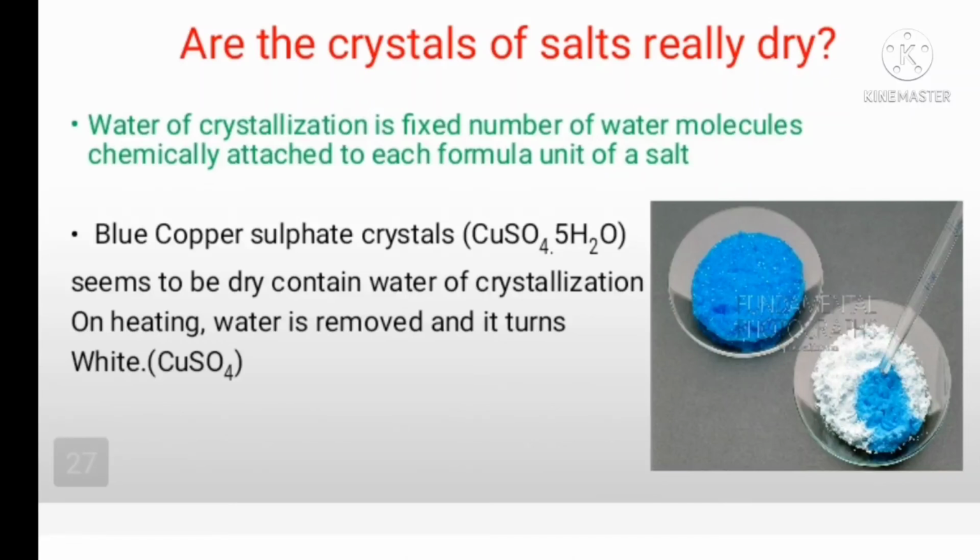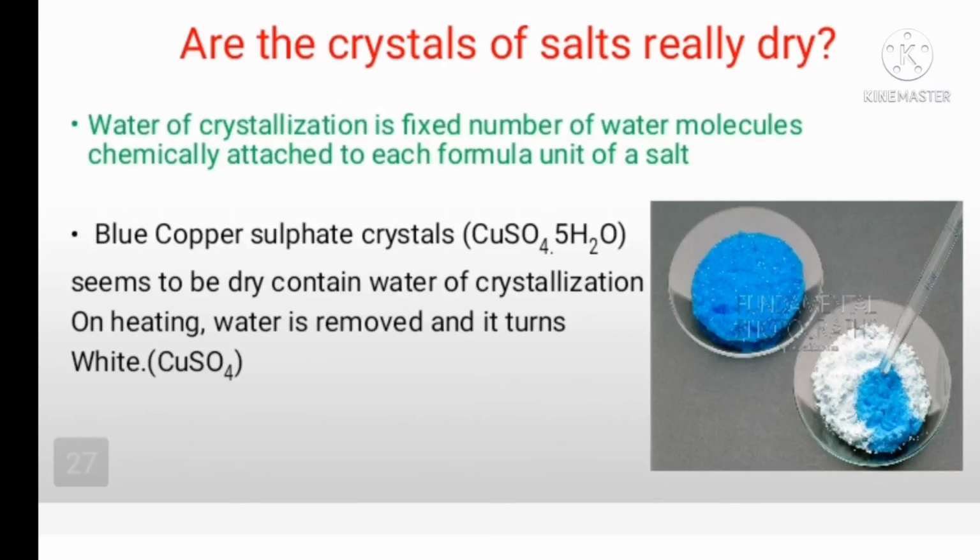Next topic is water of crystallization or hydrated salt. There are some salts which contain a few water molecules as an essential part of their crystalline structure. The water molecules which form part of the structure of a crystal of a salt are called water of crystallization.